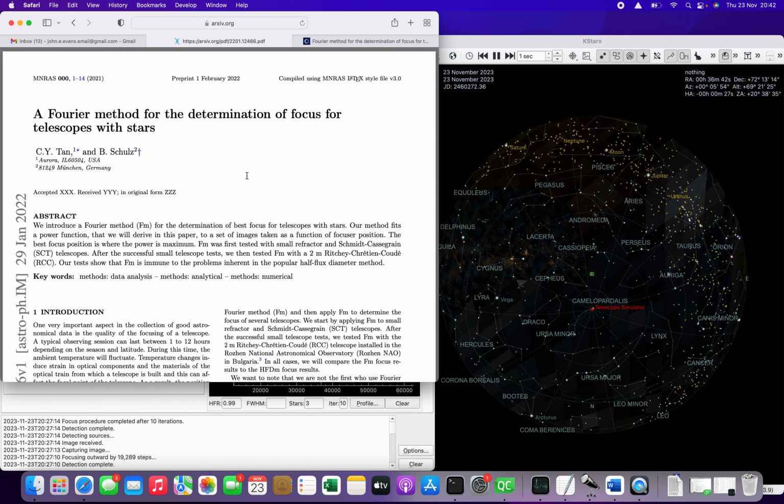So the information in Fourier space is the same as the original information. It's simply transformed into a different way of looking at it, and this facilitates some interesting properties that can be used for various things, and in this case to help with focus.